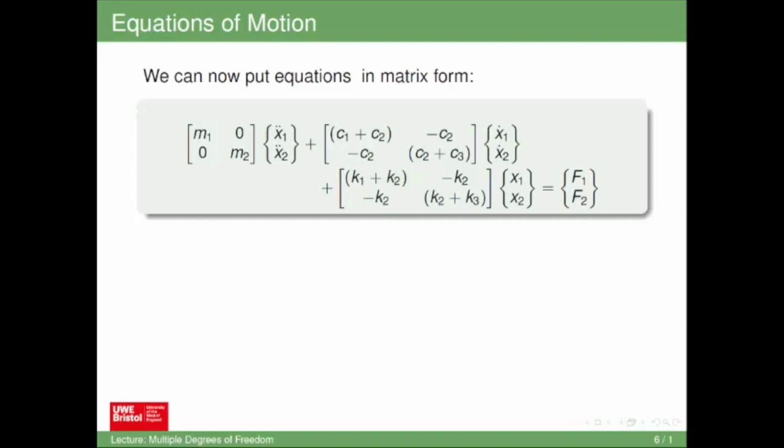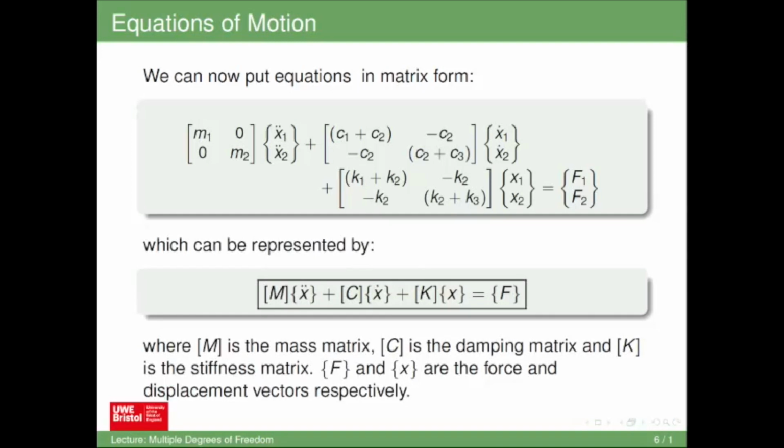By rearranging the equations, you can put them in matrix form. And for any linear system, you'll be able to put them in this sort of format. You've got M, your mass matrix, times x double dot, which is your acceleration. Then you've got your damping matrix times x dot, which is your velocity, and then your stiffness matrix times x, which is your displacement, equals the forces.